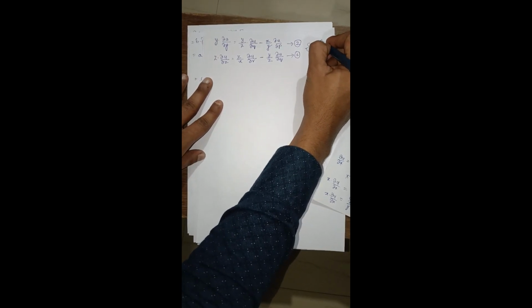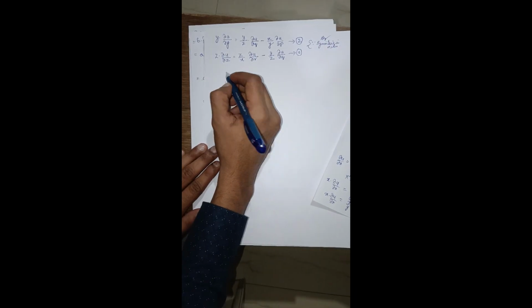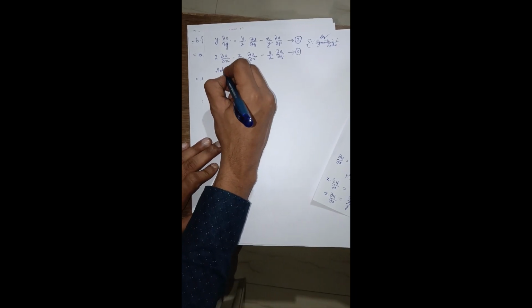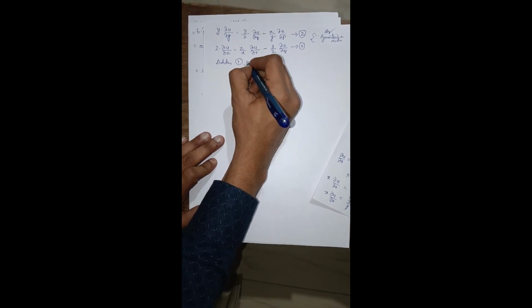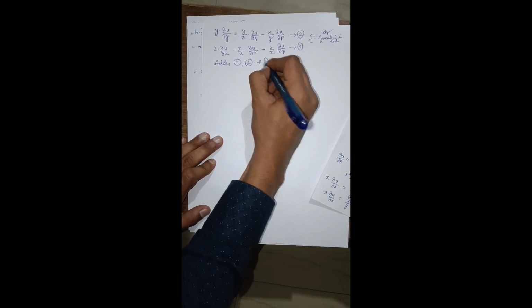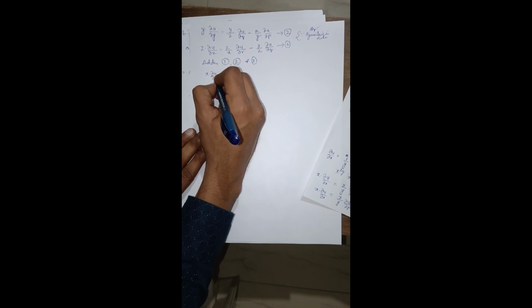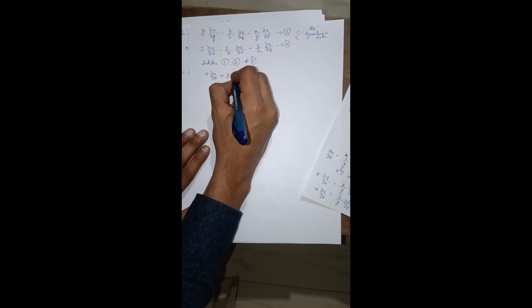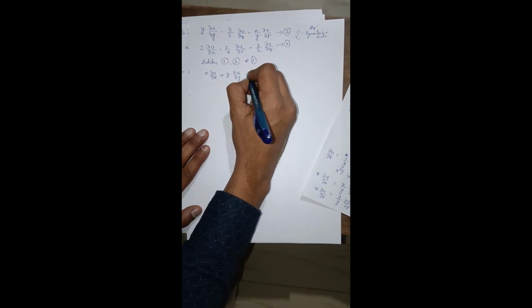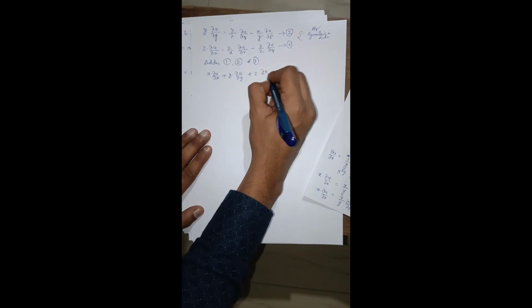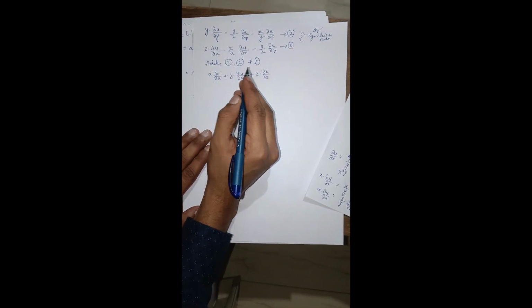Now adding 1, 2 and 3, that is x into ∂u/∂x plus y into ∂u/∂y plus z into ∂u/∂z, we need to get 0.